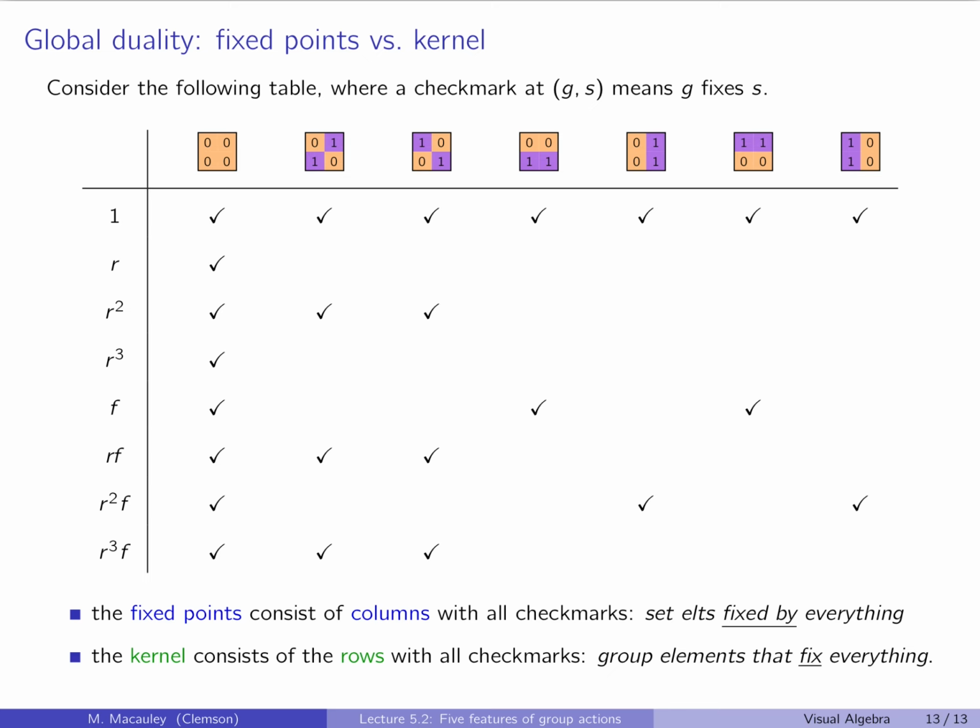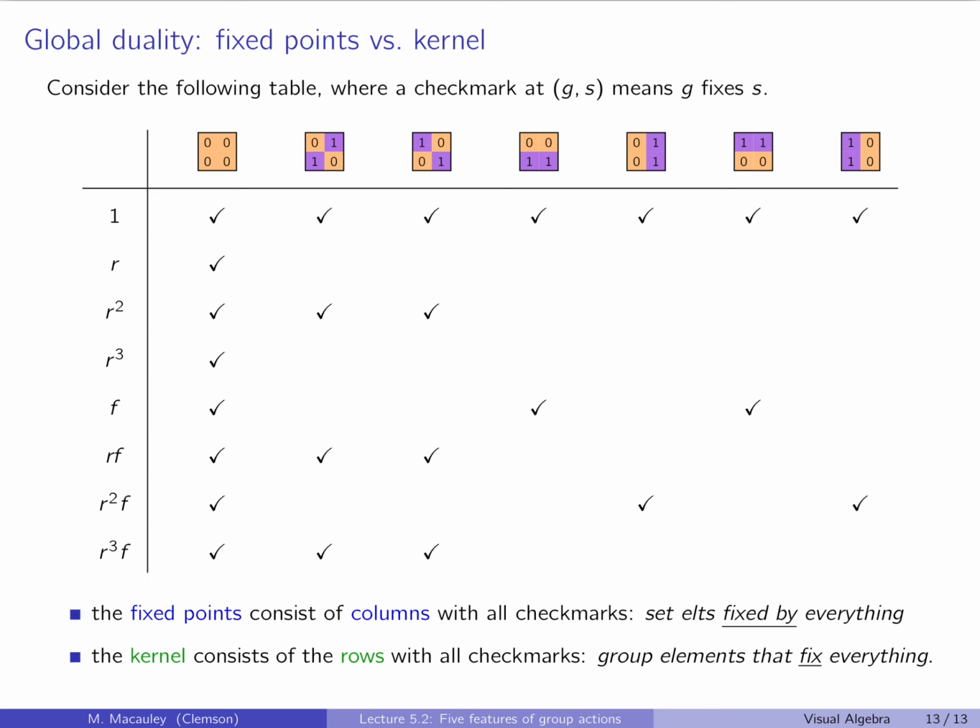And I think that's a good place to stop. So in the next lecture, we will see two really important theorems about orbits. One of them is going to tell us how big an orbit is in terms of its stabilizer. So generally, the more things that fix a set element, the fewer destinations there can be, and the smaller the orbit is.